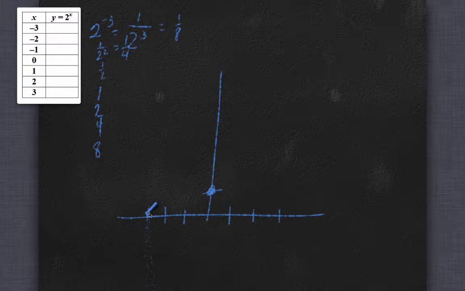I don't think I can get all the way down to 1/8, but I'll try to get close. 1/4, 1/2. Over here, okay, so 1 goes to 2, 2, 4, 3, 8.